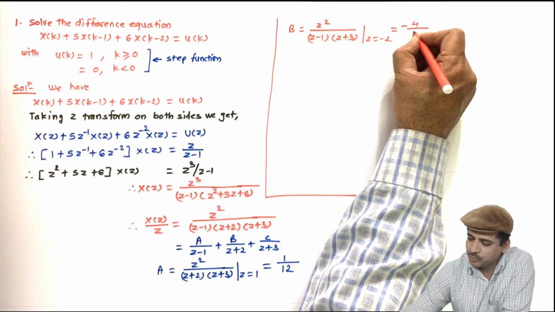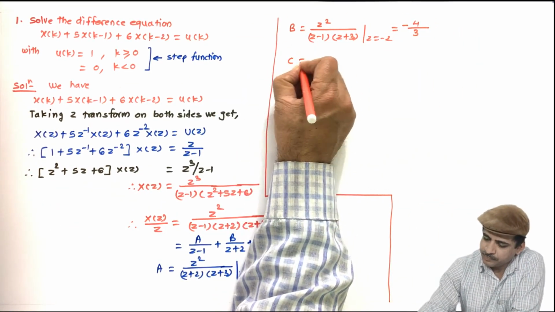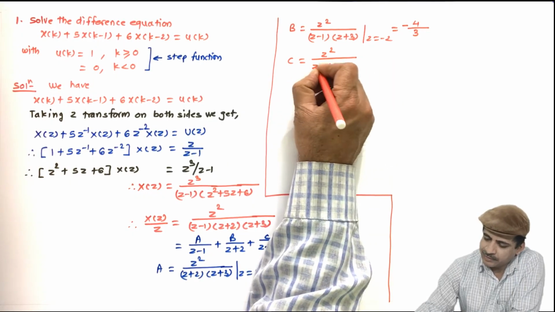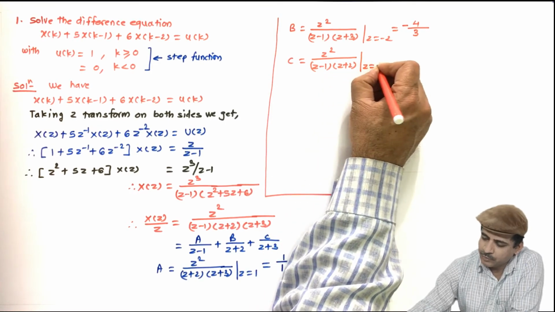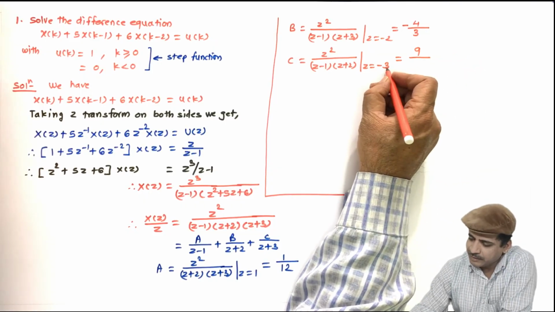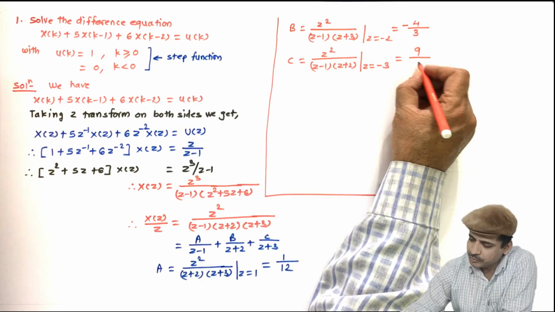So it is minus 4 by 3. And now C is z square upon z minus 1 into z plus 2, keeping z equal to minus 3. So minus 3 square is 9, divided by minus 4 into minus 1, so this is 4.